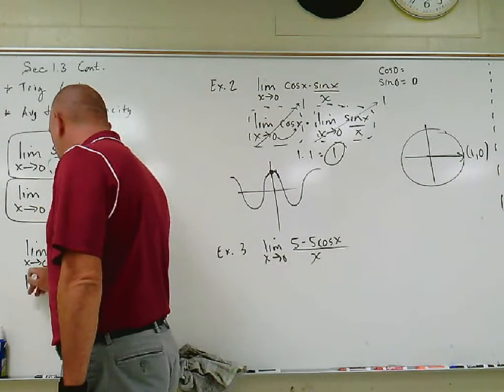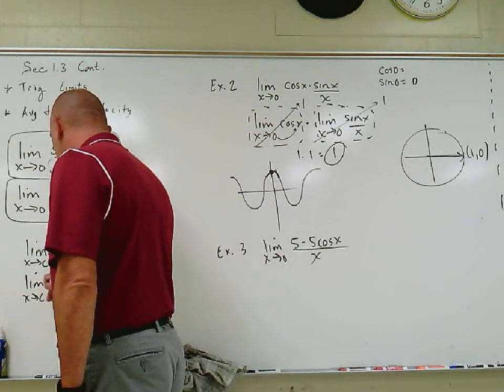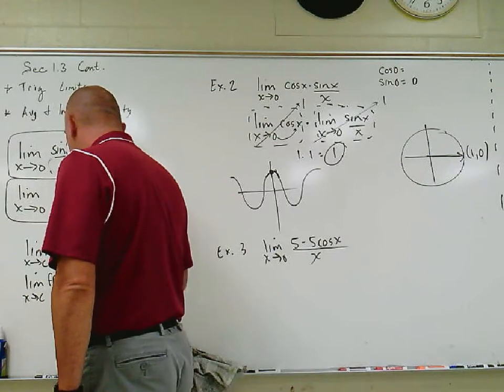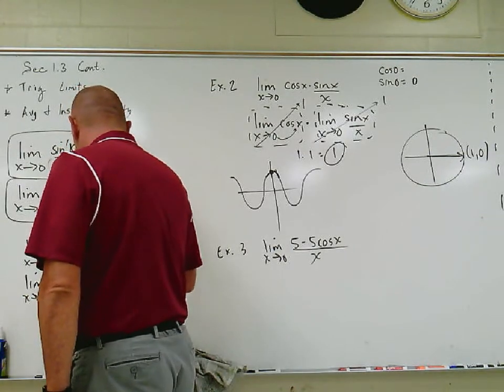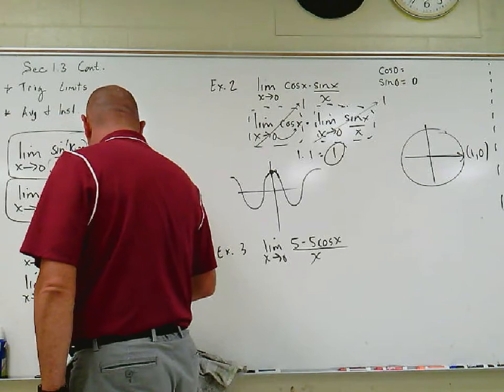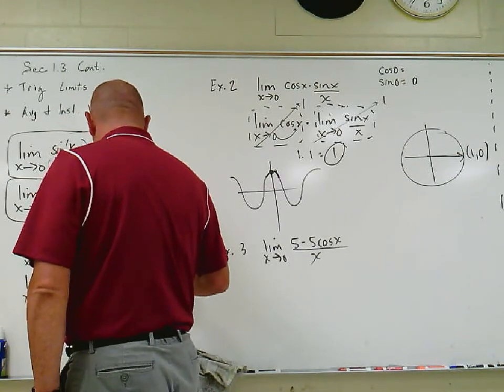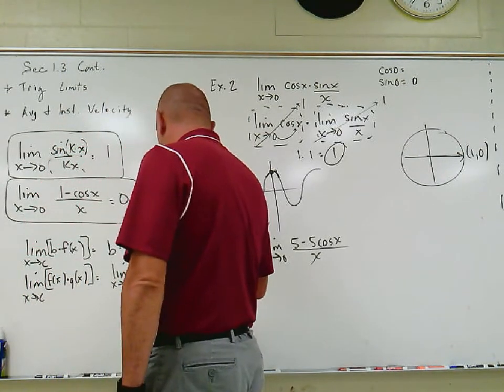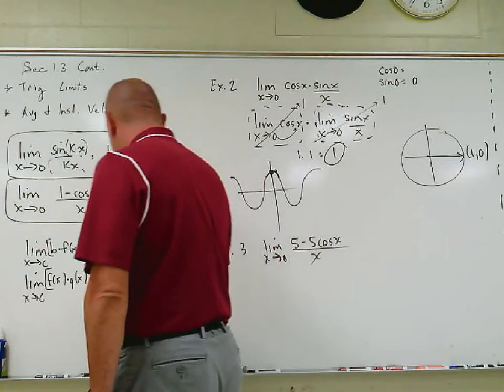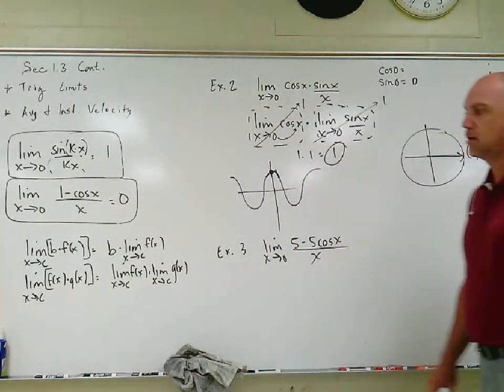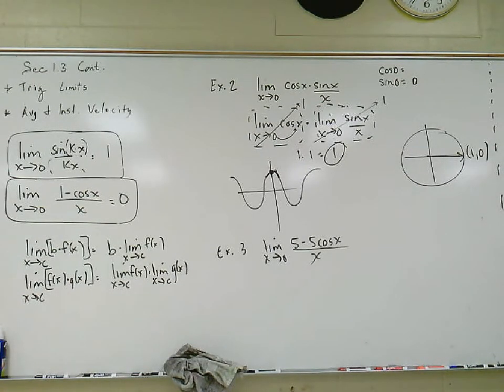The other one was if we have multiplication of functions, f of x times g of x in the limit, you can then split that up into two limits: the limit as x approaches c of f times the limit as x approaches c of g. Those are the two properties that I've highlighted. Not saying that's what you necessarily have to use, but those are the two that we've been using.